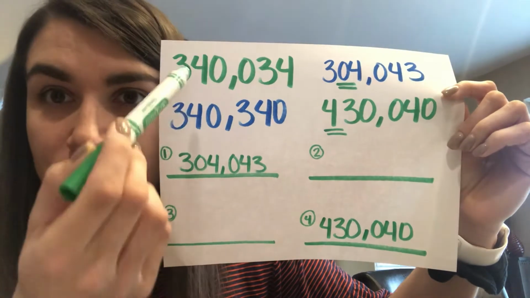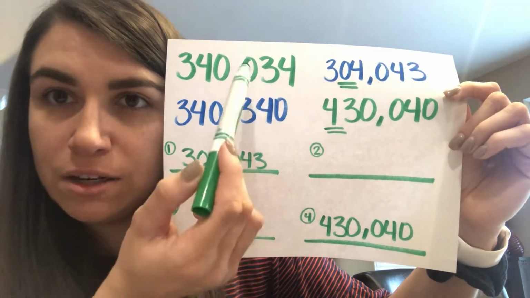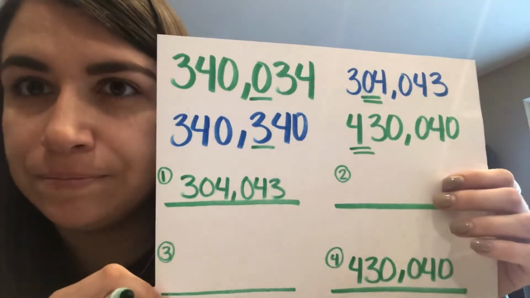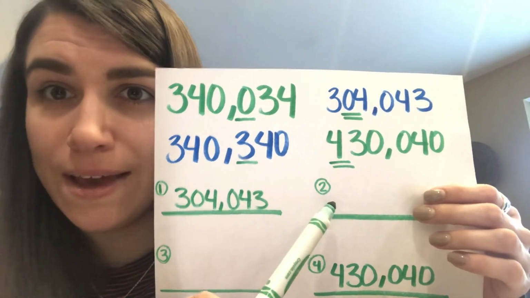Like that. So now I need to decide which one is the second smallest, which one is the second biggest. So I'm left between these two. So again, the same, and then it changes in the hundreds place. So I'm comparing the 0 to the 3. And so I know that the 0 is smaller than the 3, so that's gonna go in my number 2 spot. It's the second least.